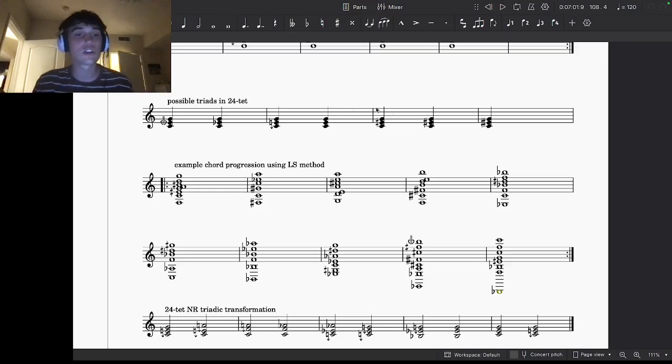This is just the list that is altering the 3rd, not the 5th. So potentially this would be doubled and then doubled again because you can alter both, one or the other. So these are just alterations of the 3rd. We have 1, 2, 3, 4, 5, 6, 7 different triadic qualities.